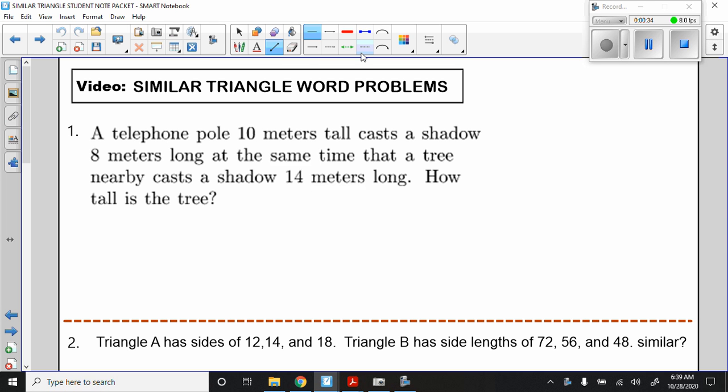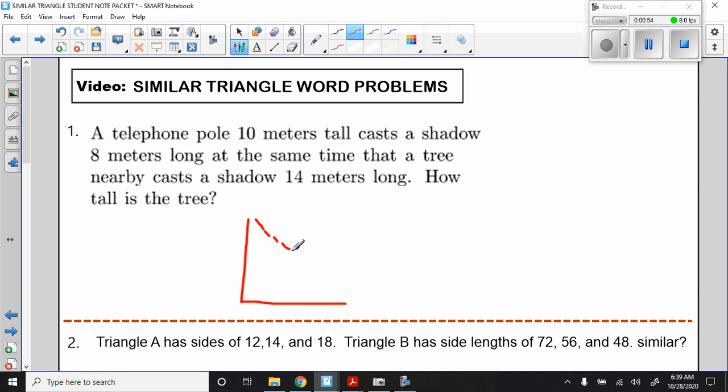So anytime we see a height and shadow problem, like number one here, we are just going to make right triangles. Height will always go straight up. Your shadow always goes along the bottom. And then we'll just complete it to make a right triangle.